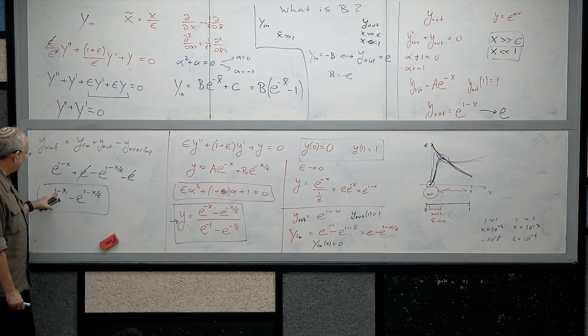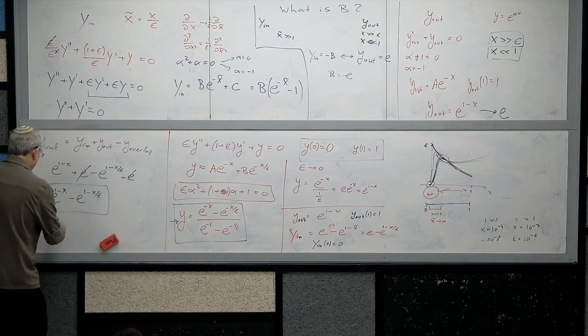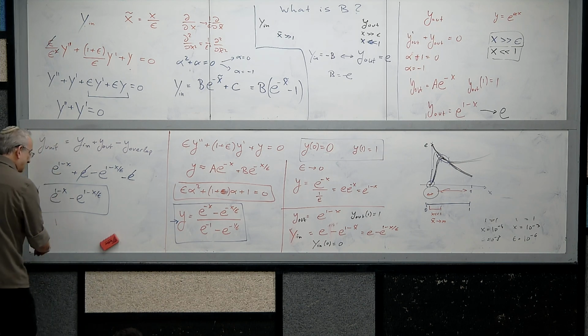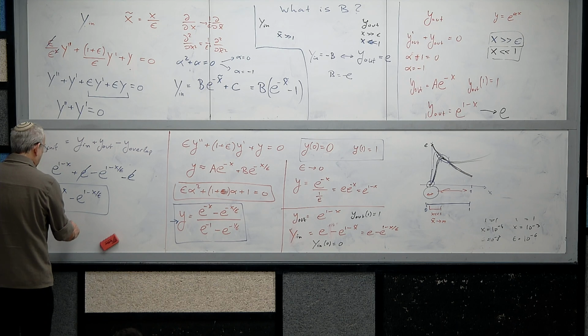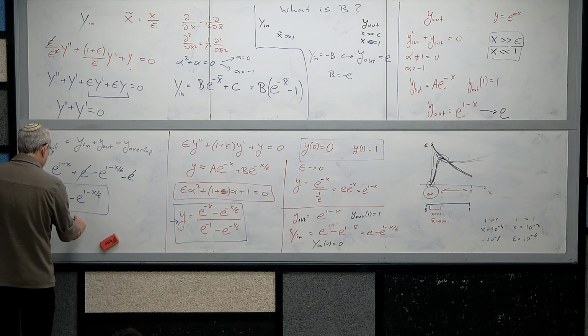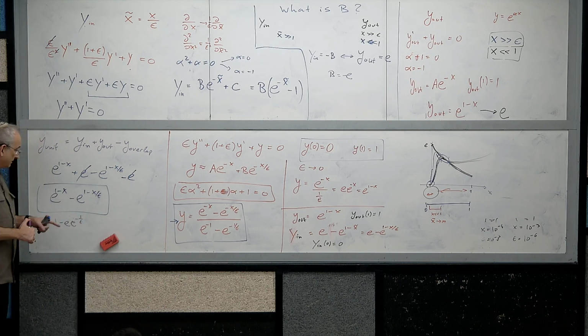If I take x to be 1, I have e to the 1 minus 1, which is 1, minus e to the 1 minus 1 over epsilon, so e to the minus 1 over epsilon. When epsilon goes to 0, this term is negligible.